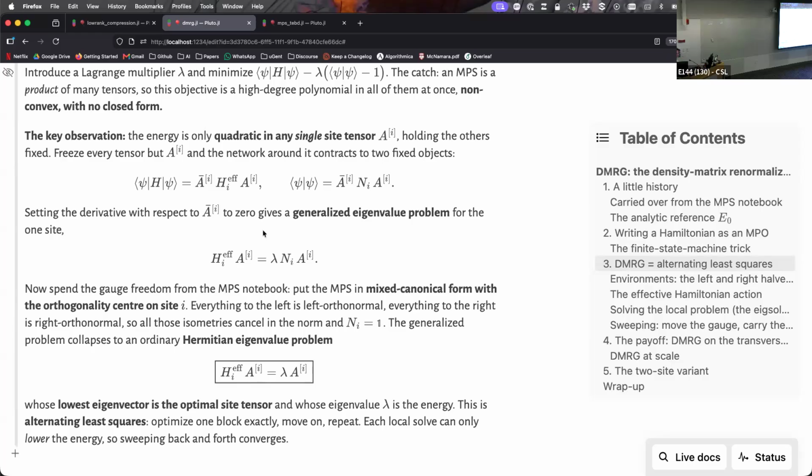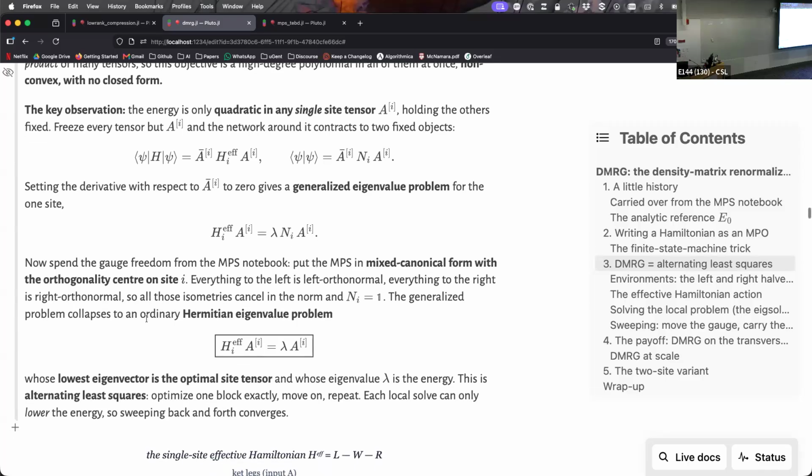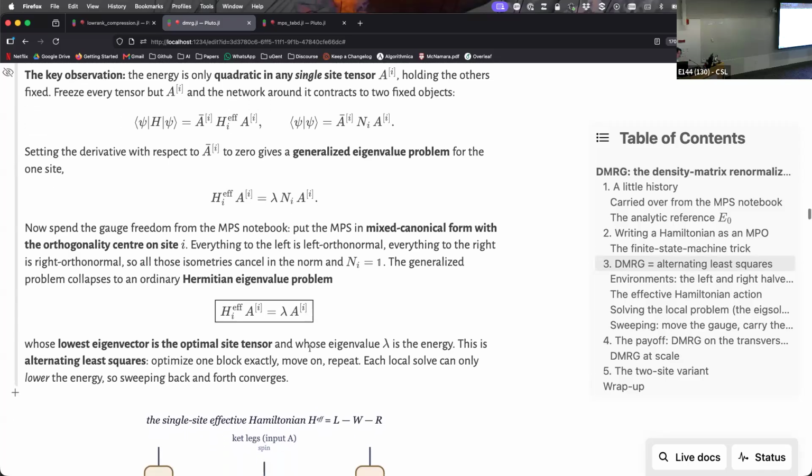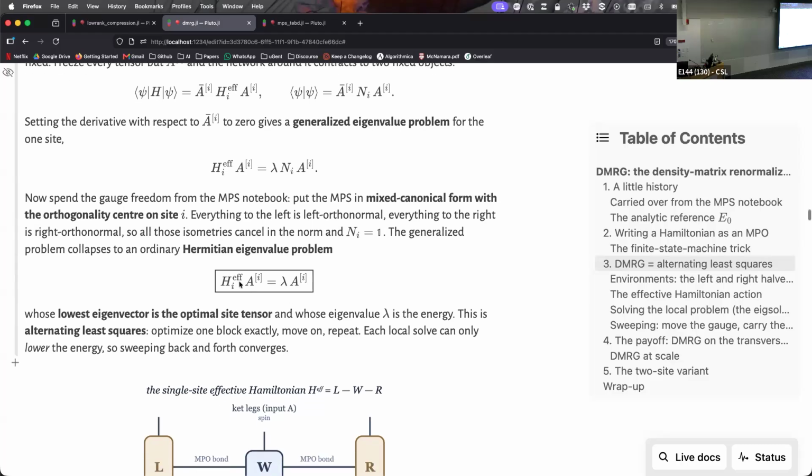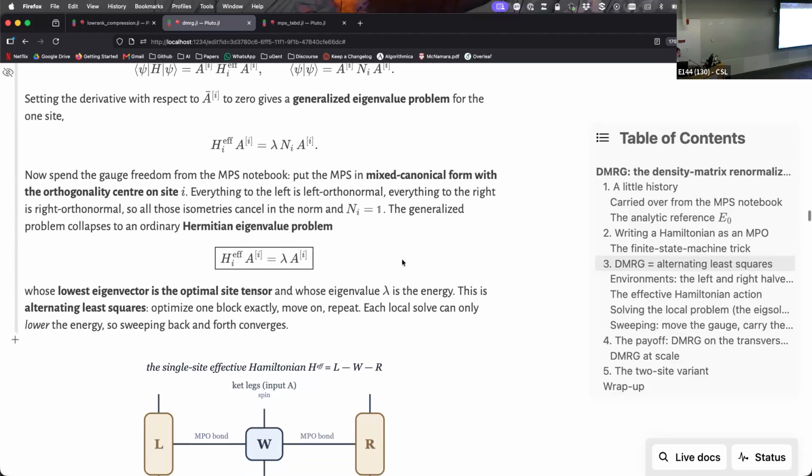Importantly, in the norm network, where I don't have an MPO tensor in between, if I go to the center gauge, the environment tensors completely vanish and simplify, and the only thing left is my initial tensor. Long story short, lots of algebra later, I can project this entire equation for a single site onto an effective equation for one MPS tensor, which is just finding the eigenvalues of this local operator.